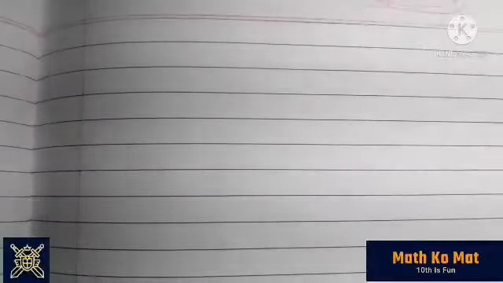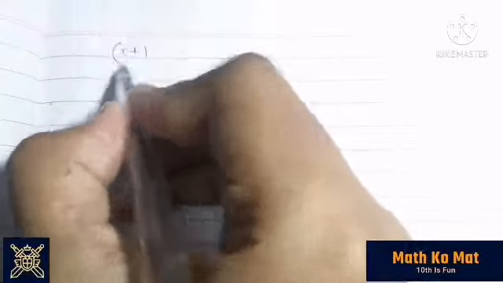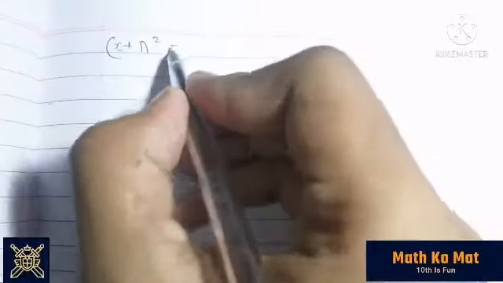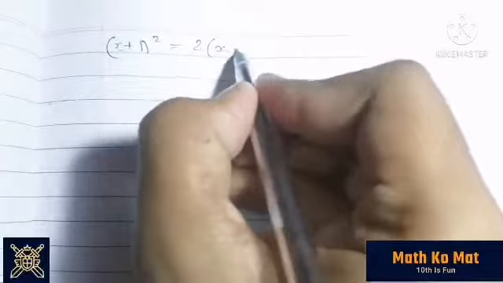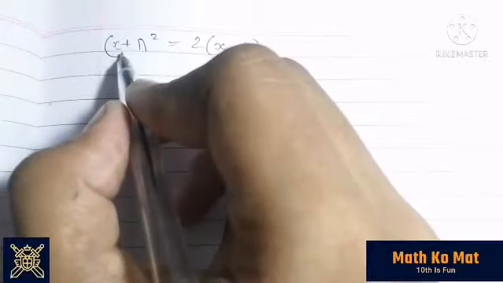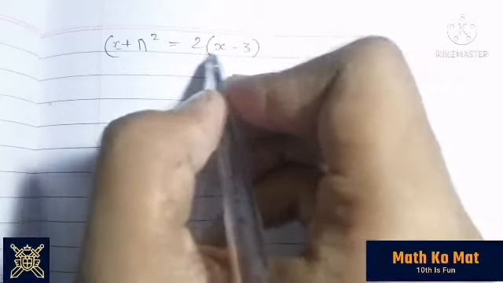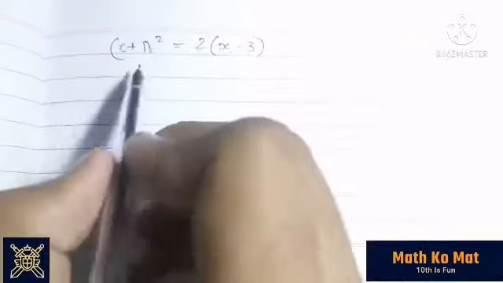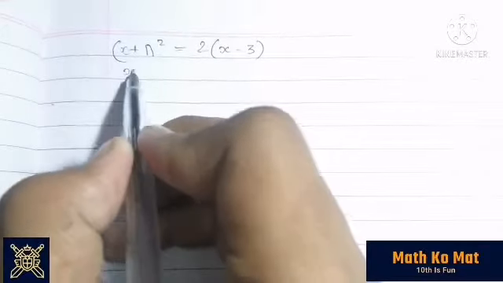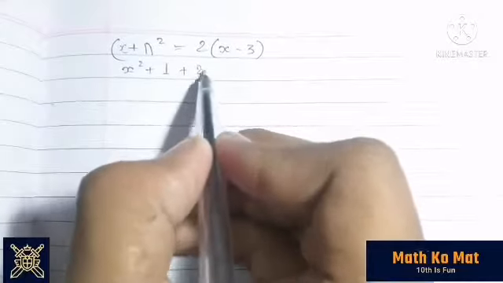For the first part, we have (x + 1)² = 2(x − 3). As you can see, here you have to use the identity of (a + b)², and here you have to just multiply it simply. So (x + 1)², as we can find out, is x² + 1 + 2x.